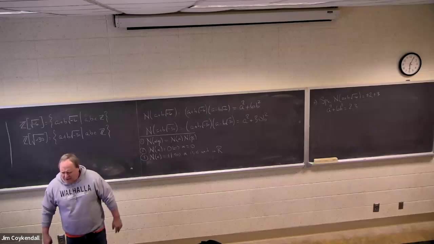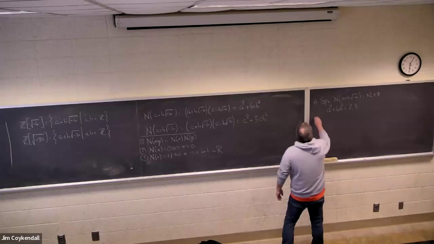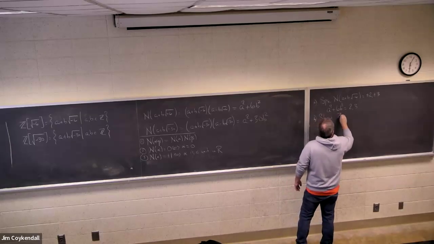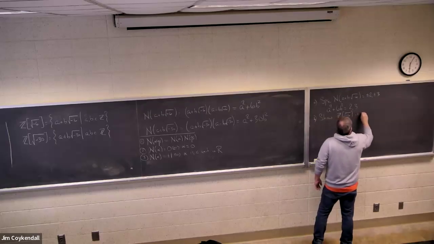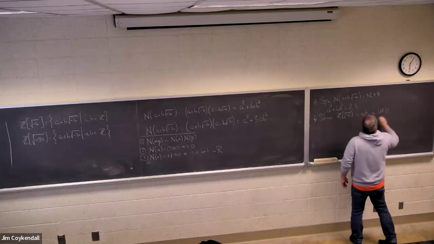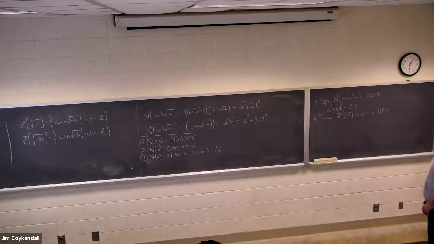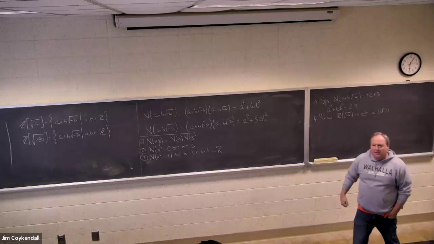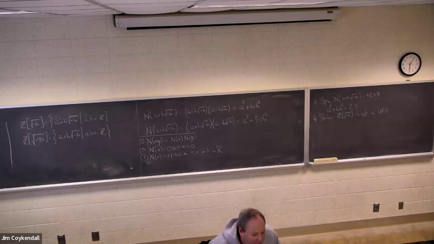Show that Z adjoined square root of -6 is not a unique factorization domain. Anybody see a bad factorization? Right? Something that's not unique.